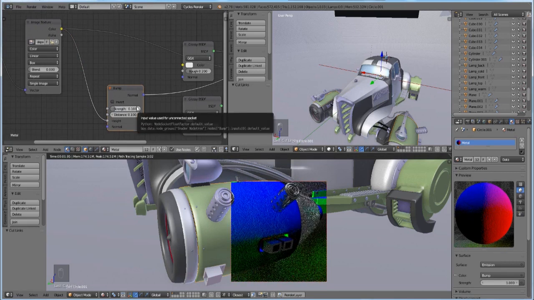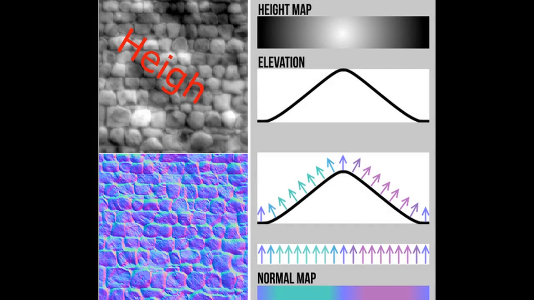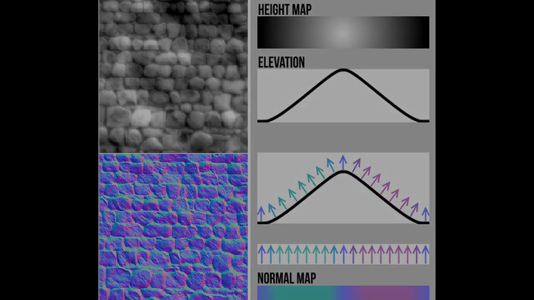What's the difference? Usually by height is the simpler way, which requires a black and white map. Generally, the harder the spot, the brighter it is on the map. But everything is harder with normal. There is no black and white map. Here every dot has three colors. Every dot is an X, Y, Z direction.